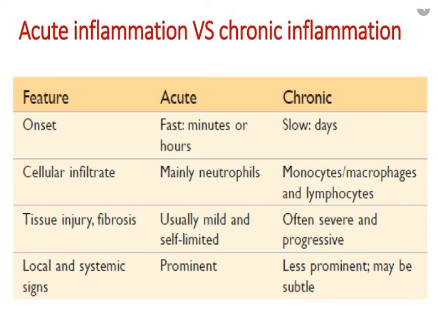Okay, local versus systemic. So local and systemic signs can be very prominent with acute inflammation. So if you have a significant pneumonia, a large pneumonia in your lung, you're not only going to have local signs such as coughing, shortness of breath, sputum production, but you're going to have systemic signs: fever, elevated white blood cells.